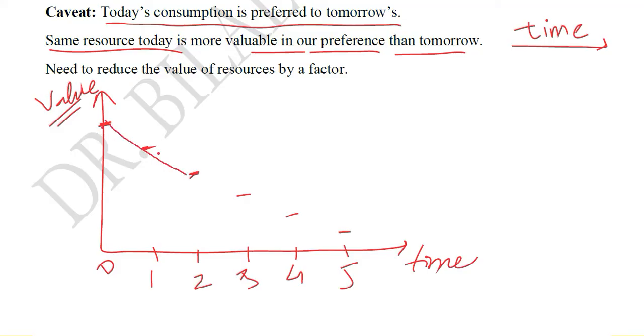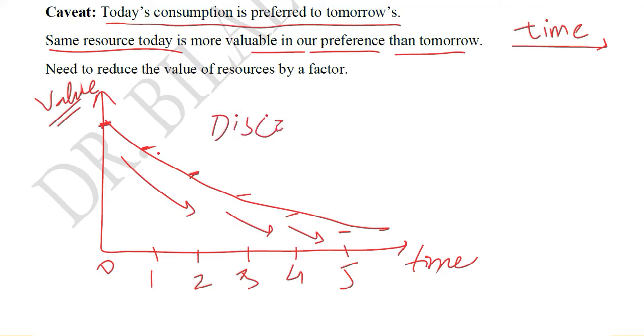If I join these lines, it gives me an idea that the value is decreasing as we go ahead in time. This phenomenon is visible, and we can call it discounting, because in discounting we are avoiding a certain fraction from counting, so the value declines, and it is visible in this diagram.